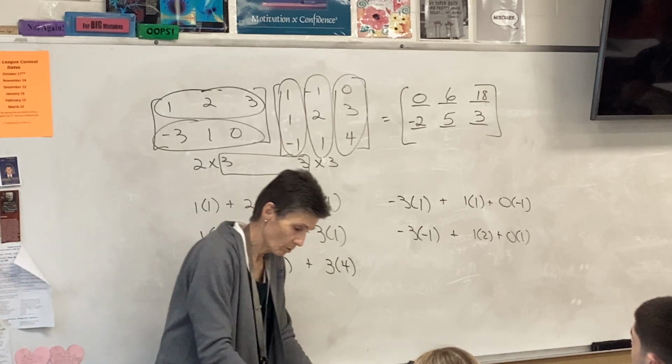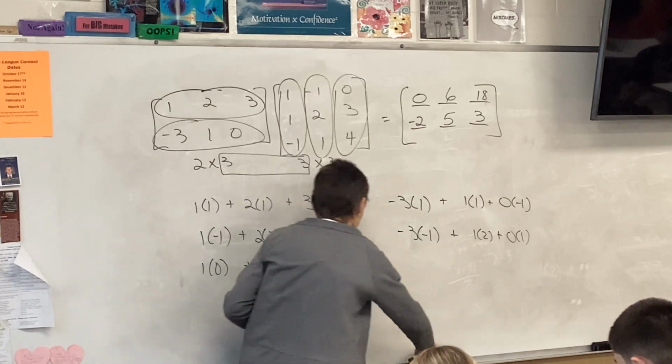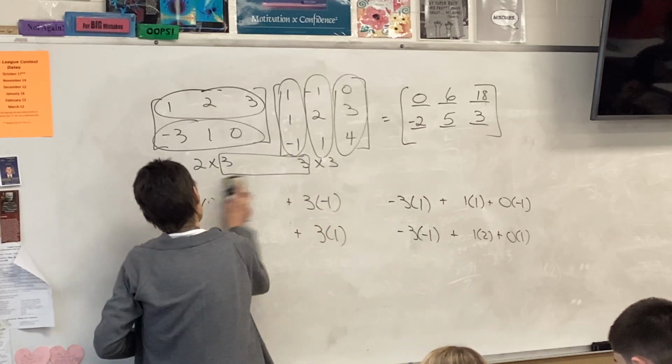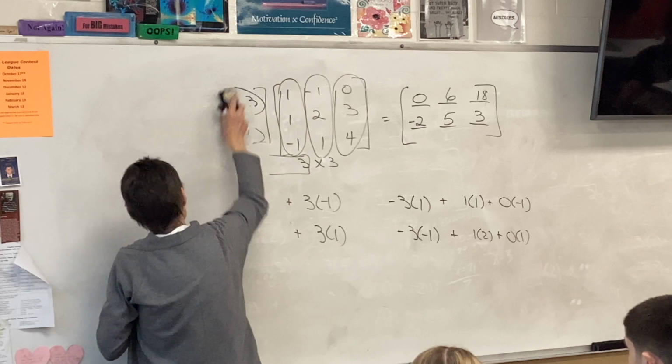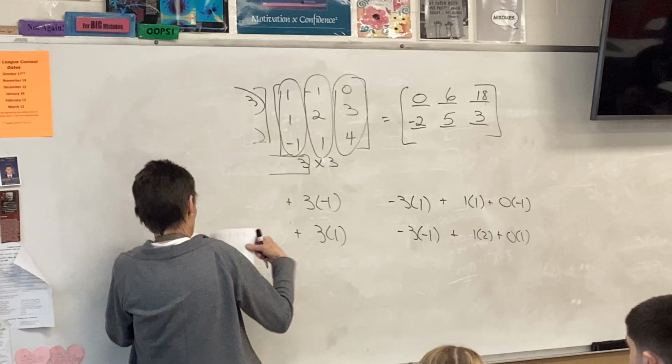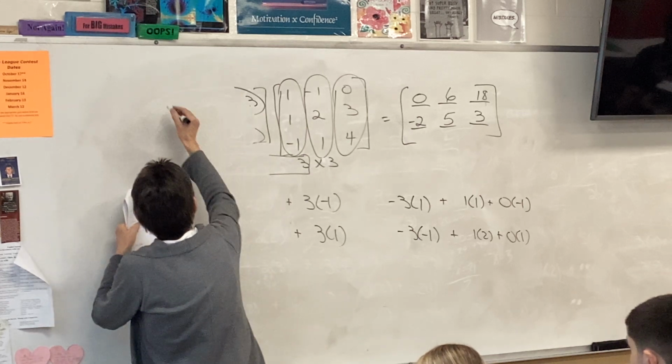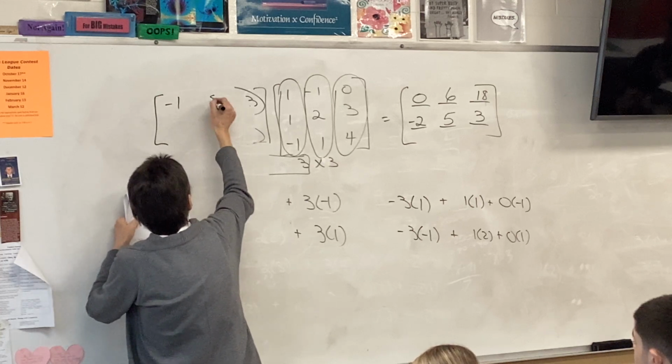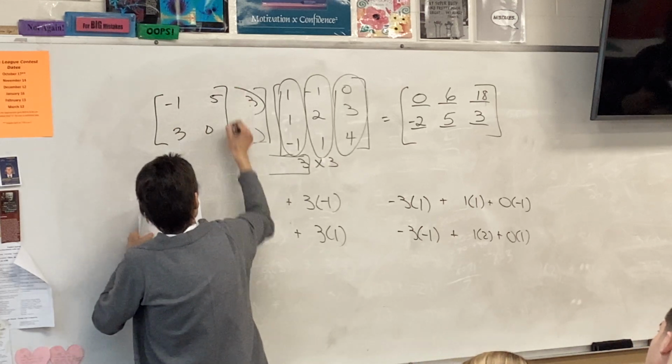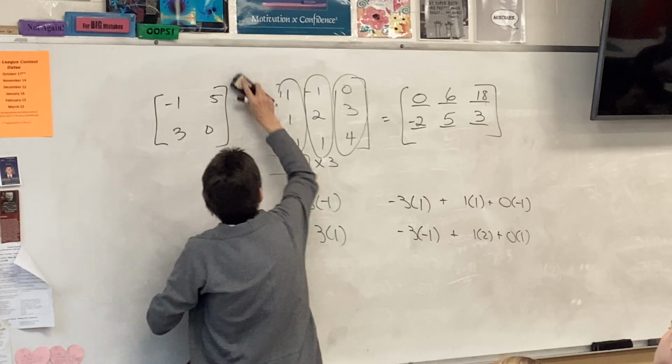Okay, one more multiplication, and we're moving on to something else. Can we do F times G? Is F times G going to be possible? Because sometimes this stuff isn't possible.